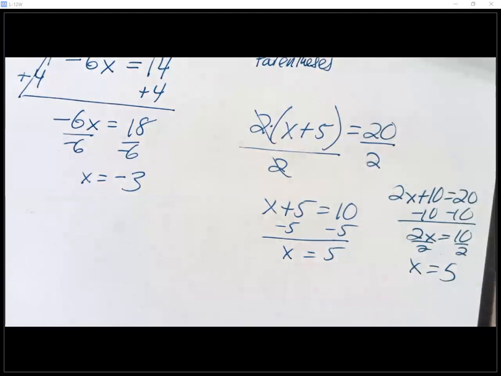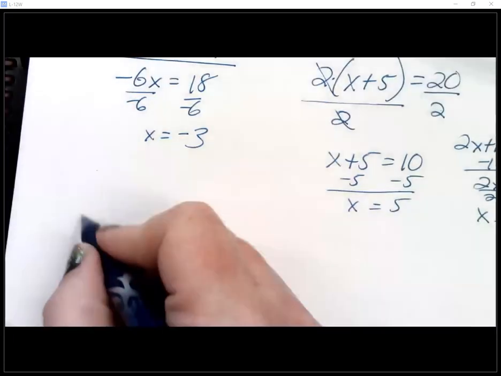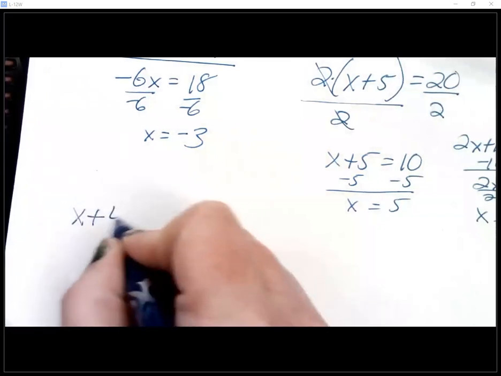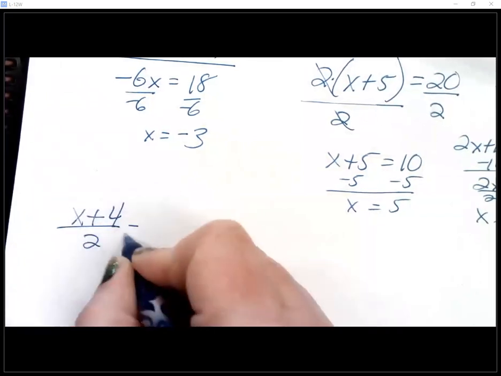Let me look at what your homework looks like, so I can make sure. Oh yeah, let's do one with a fraction like this. Say I had something like that.